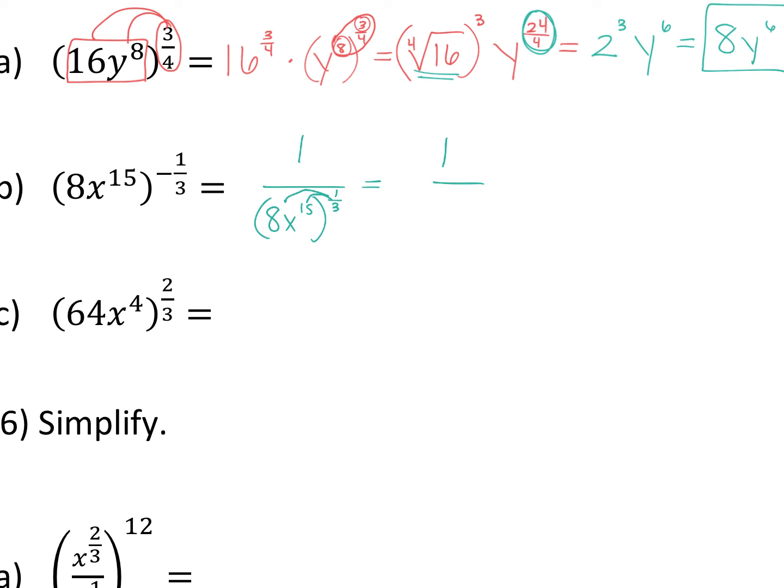So it's 1 over 8 to the 1/3 power, which is a cube root of 8. And then 15 times 1/3 is x to the 5th. So simplify that. That's 1 over a cube root of 8, which is 2. X to the 5th we can't do anything else with. So that is your answer.